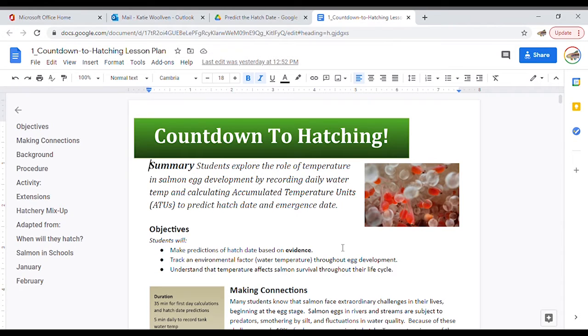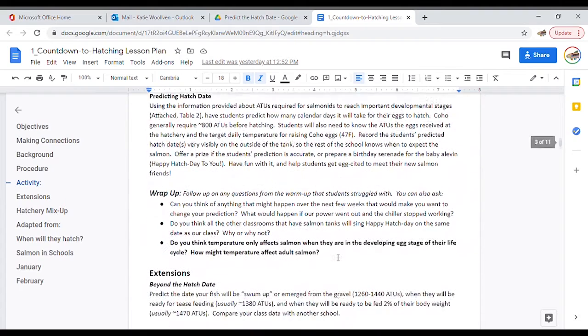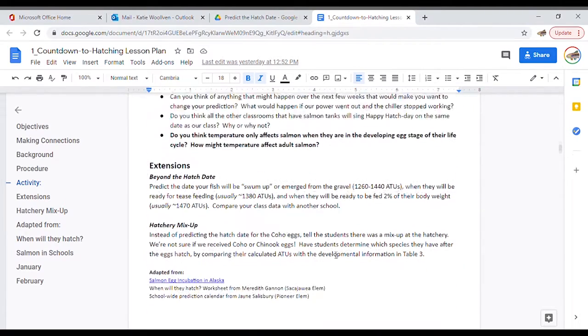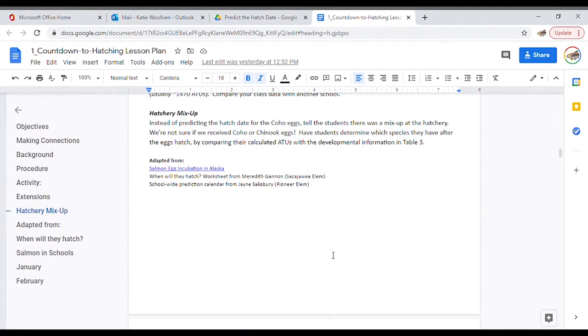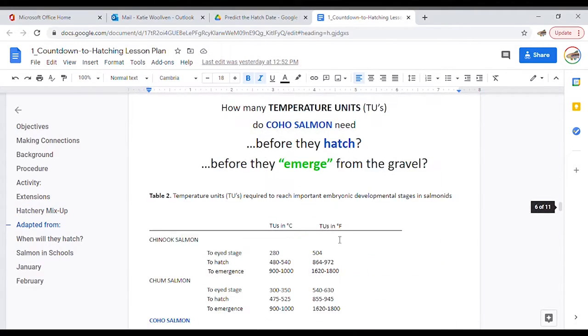Because salmon are cold-blooded, different development stages are determined by temperature. They need a certain amount of thermal energy to reach different developmental stages. That thermal energy comes from heat in the water, and it can be measured as temperature units, or what we call TUs.